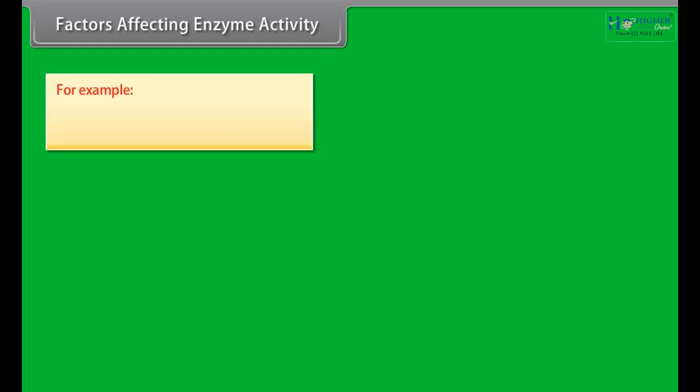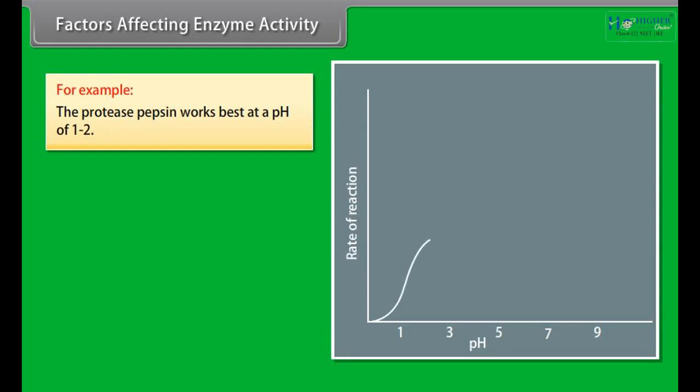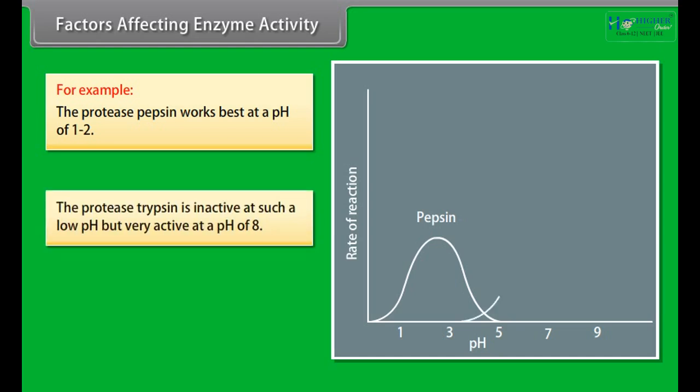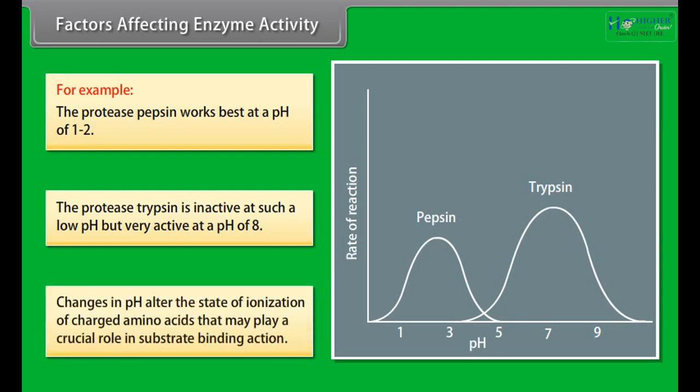For example, the protease pepsin works best at a pH of 1 to 2. The protease trypsin is inactive at such a low pH but very active at a pH of 8. Changes in pH alter the state of ionization of charged amino acids that may play a crucial role in substrate binding action.